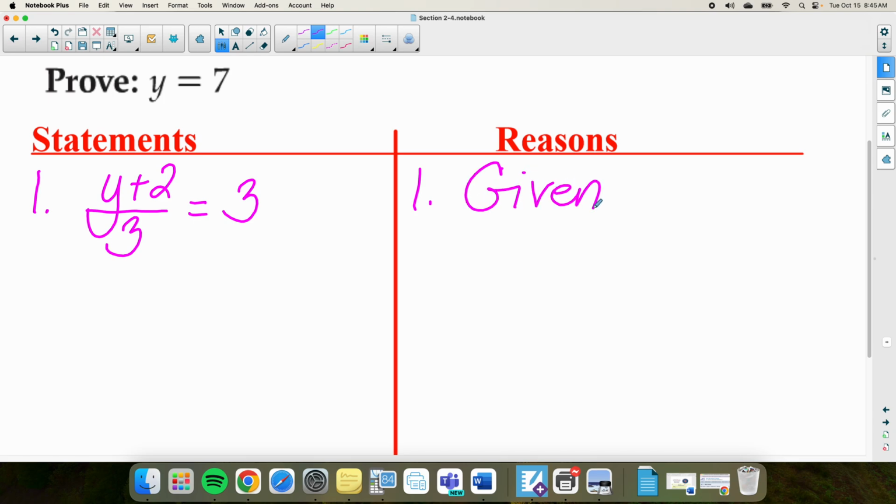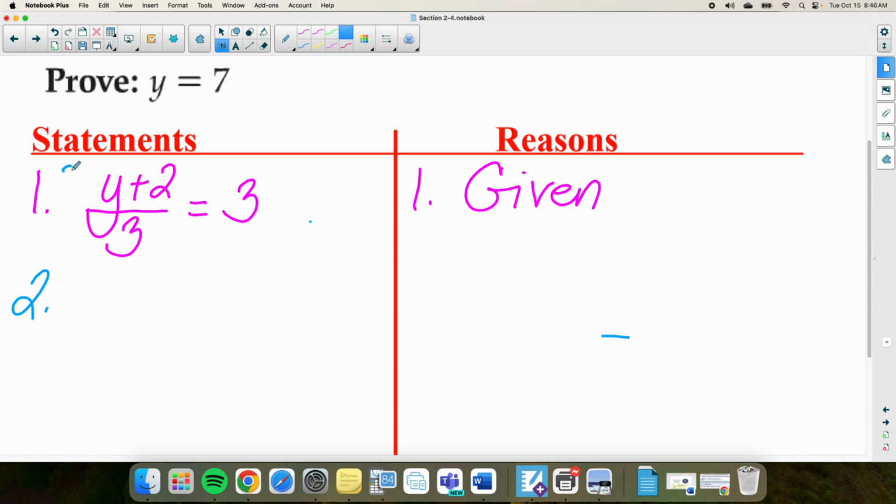Okay. I want to solve for y. What would you guys think we should do first? What do we want to get rid of? Do we want to get rid of the 2 or the 3? The 3. And right now it's being divided by 3, so what's the opposite of that? Multiplying. So we're going to multiply both sides by 3.